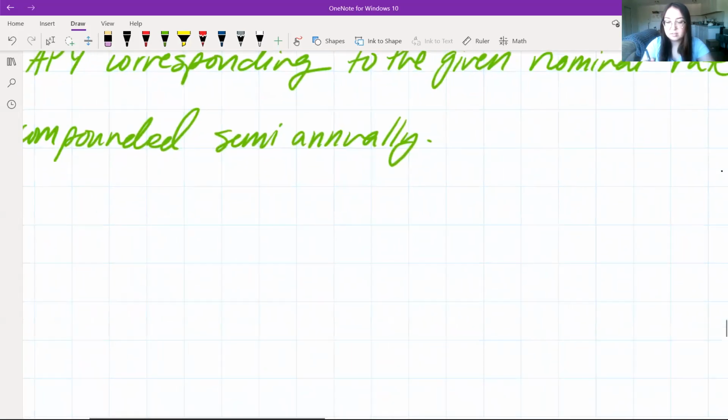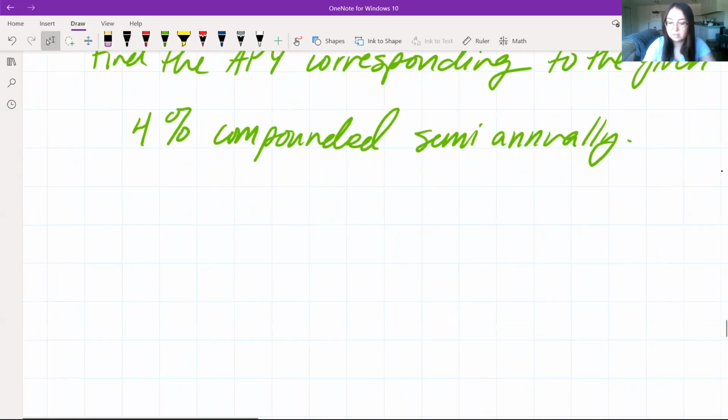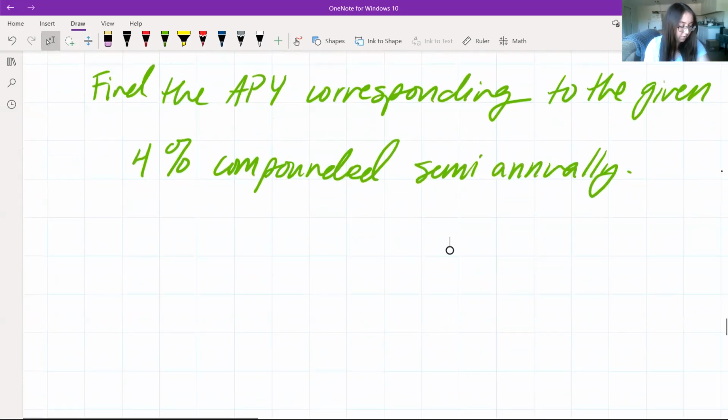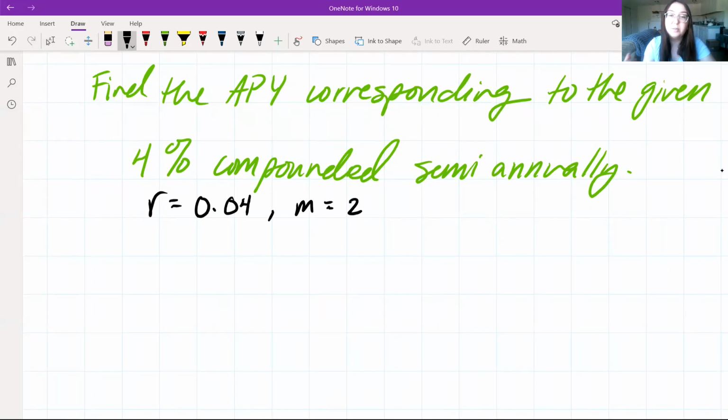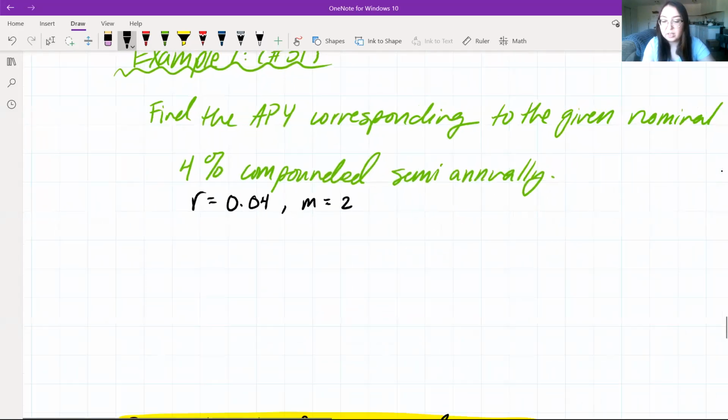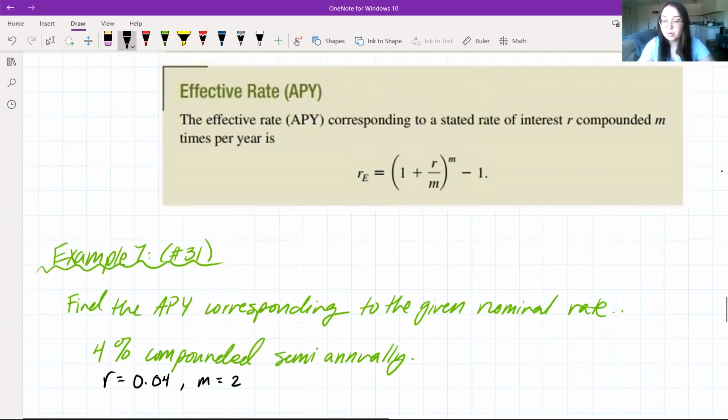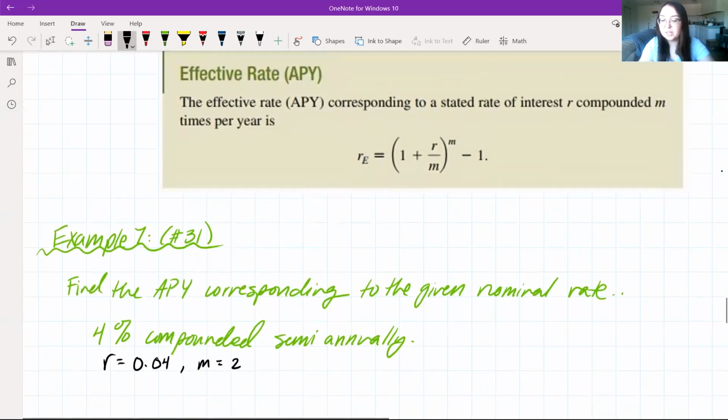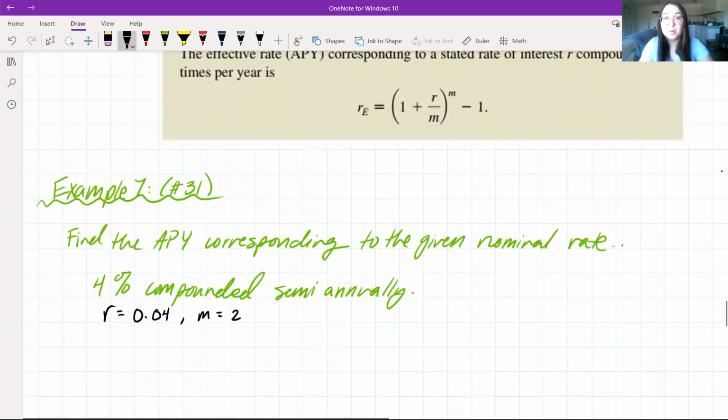So we know that our rate is 4% or 0.04. Our M value is going to be 2 since we're doing semi-annually. And those are all the things that we need to know. We only need to know our rate and the number of times we compound per year.